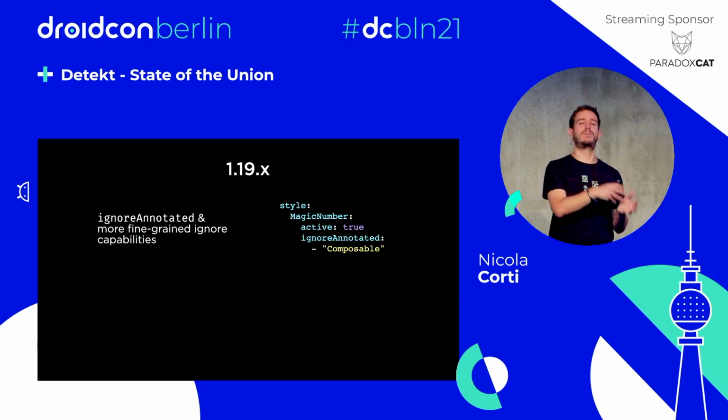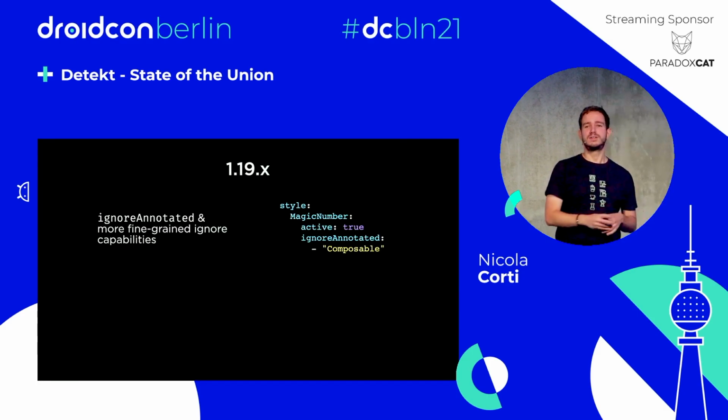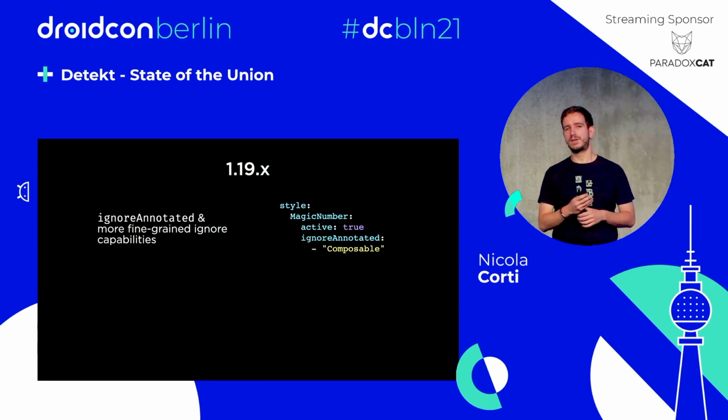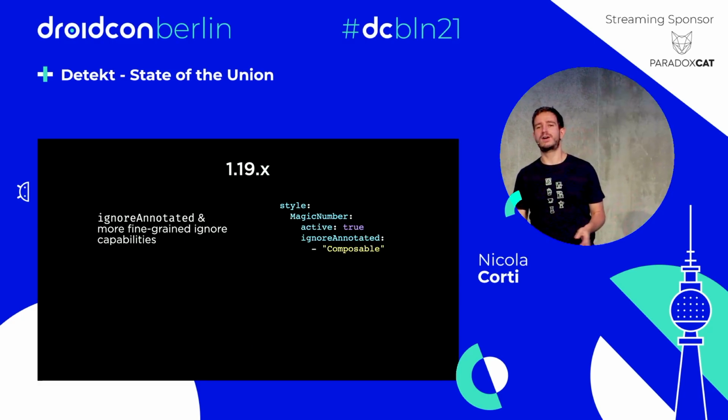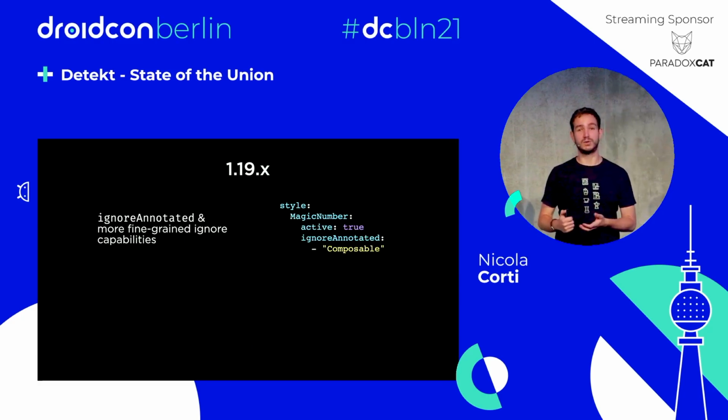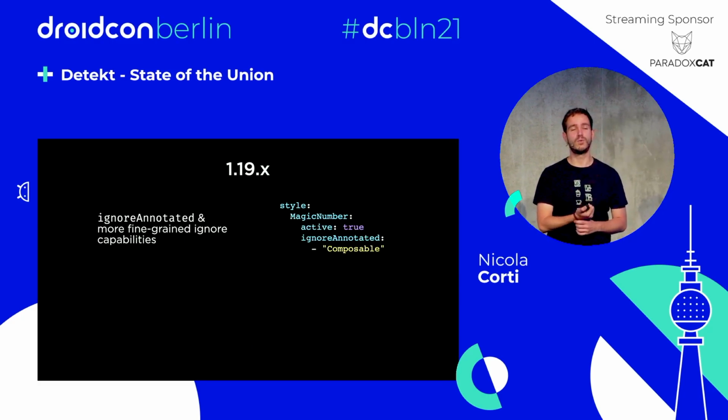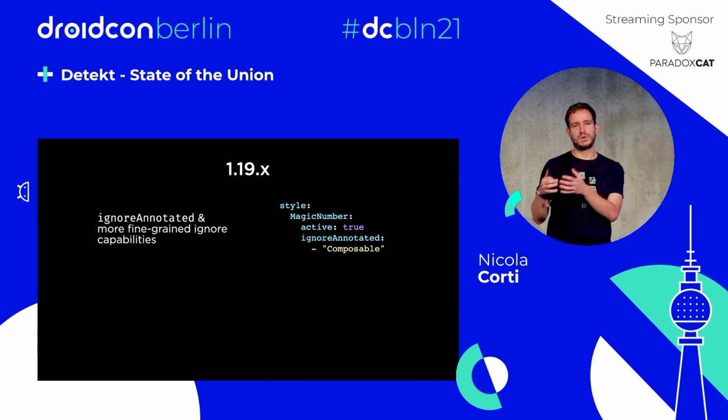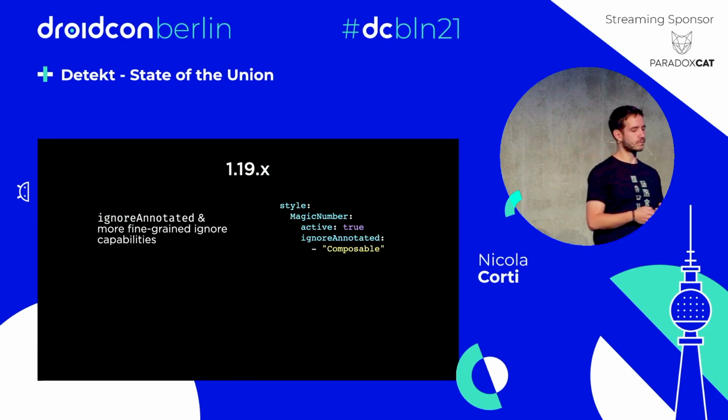We don't want to bake inside Detekt knowledge of Compose, Dagger, Spring, or any framework, because most of you are Android engineers, but Detekt is used a lot also in the backend world. And we want this tool to be a Kotlin tool, but platform agnostic.